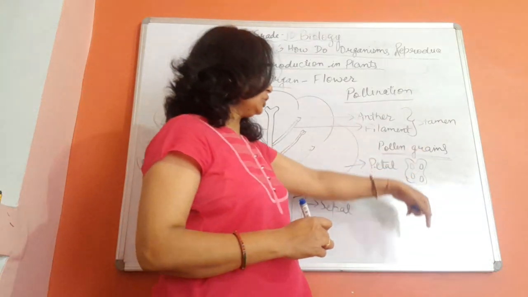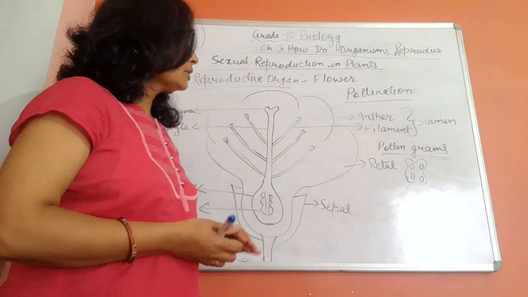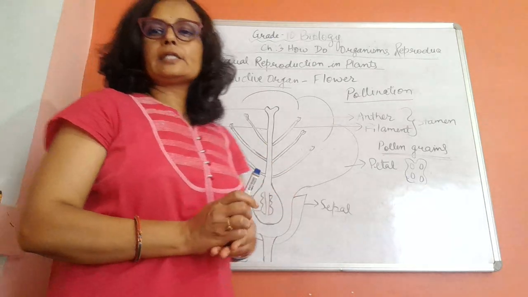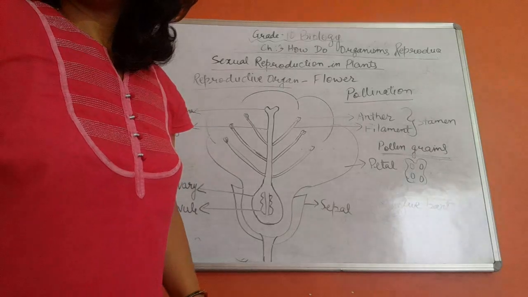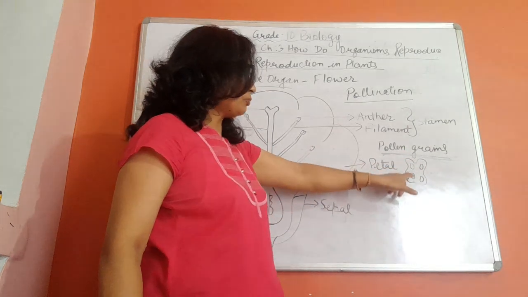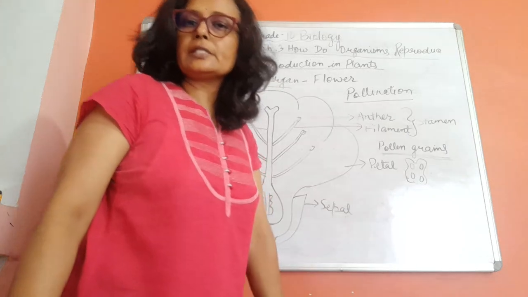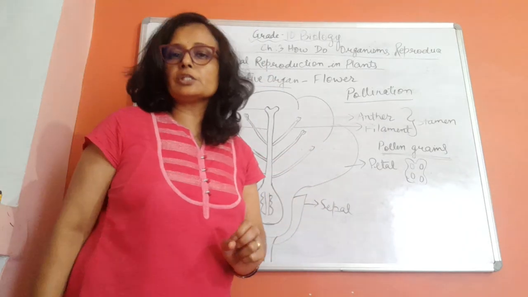Two parts in each lobe. In this part there are pollen grains. These are pollen sac. Each lobe is having two pollen sac.